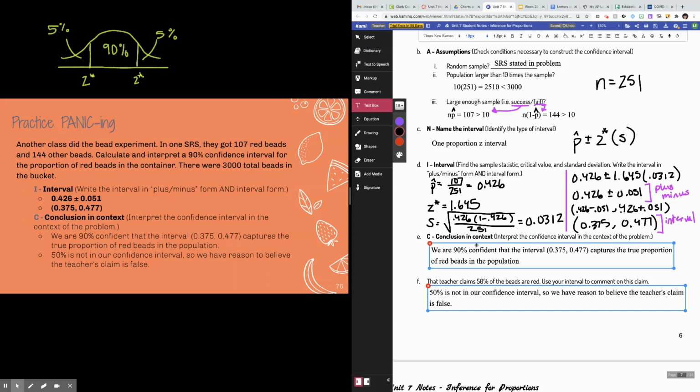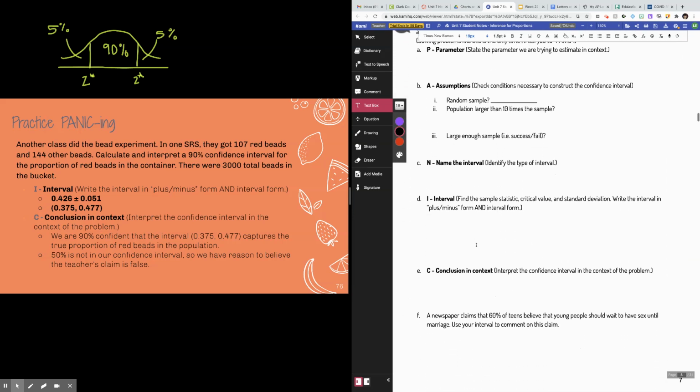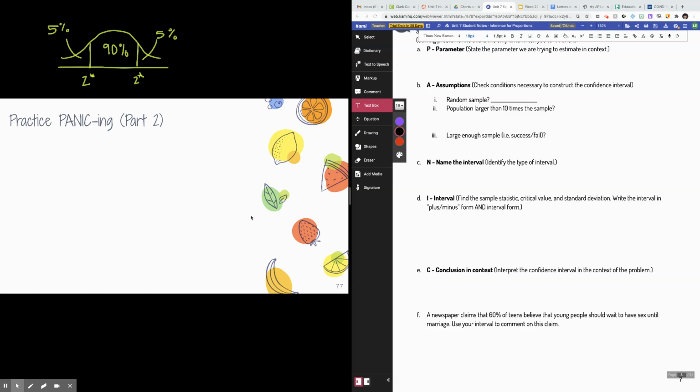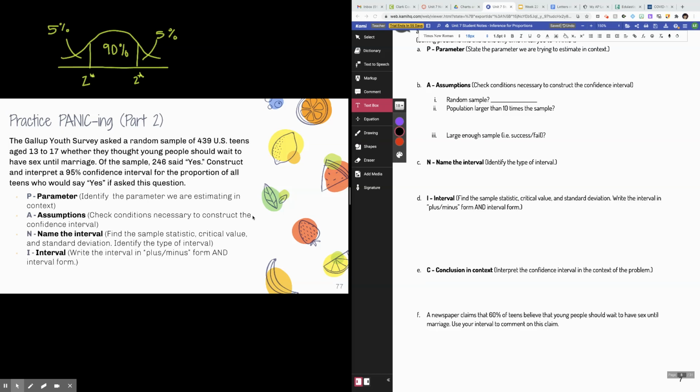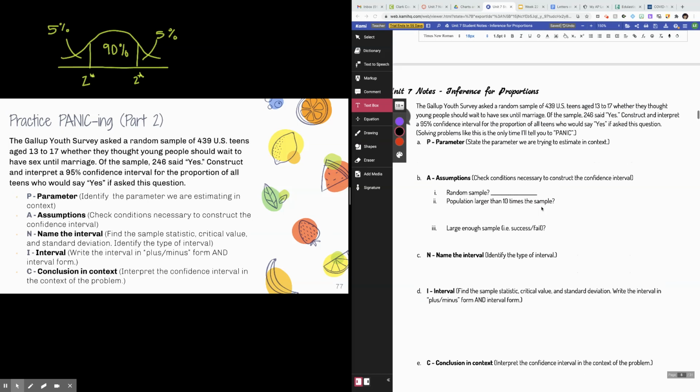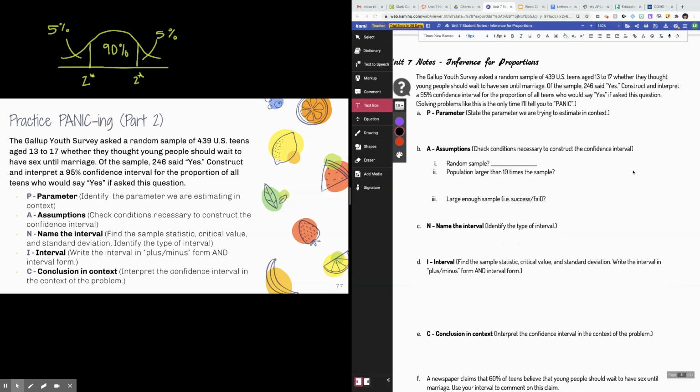I have one more for you, but I want you to try this one on your own. Give this a try. Let me really quickly put all of the steps on the screen for you. So here, we're talking about a Gallup poll.